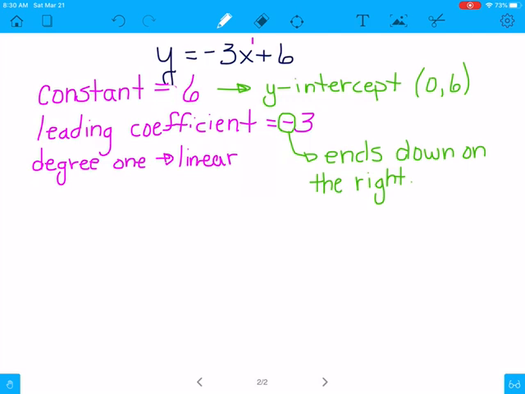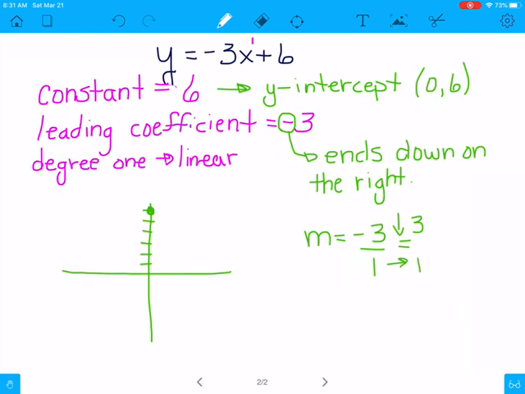Okay, so if I go to draw this, I know I have a y-intercept at 6. 1, 2, 3, 4, 5, 6. And now I know I have a slope. My slope is -3 over 1. So that means it goes down 3, right 1, from the y-intercept.